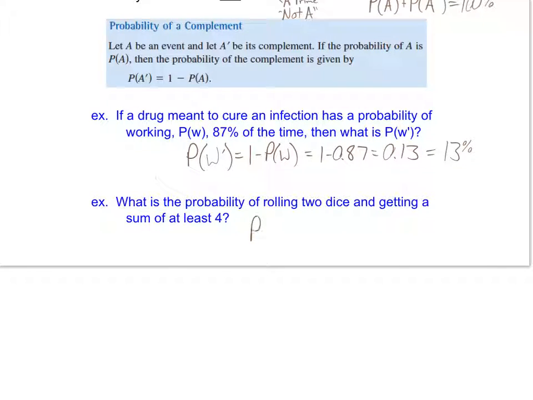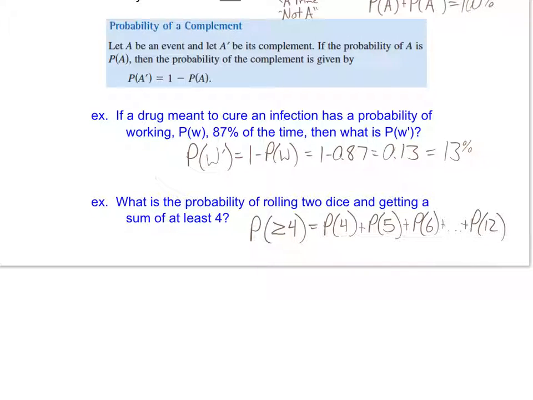The probability of getting something at least 4 means that you've got to add up the probability of getting a 4 plus the probability of getting a 5 plus the probability of getting a 6 plus all the way up to the probability of getting 12. That's the highest you can roll with 2 dice. You can just do the probability of 3 and lower.